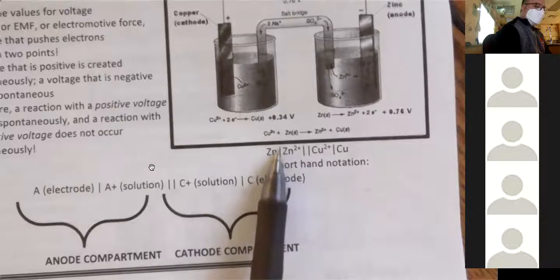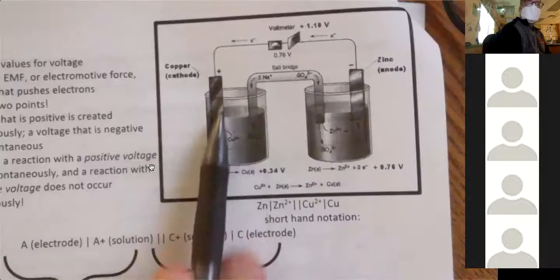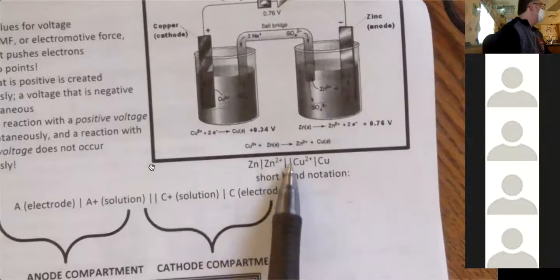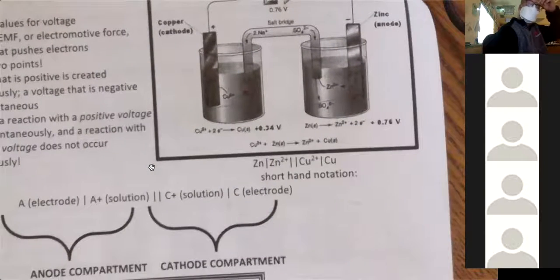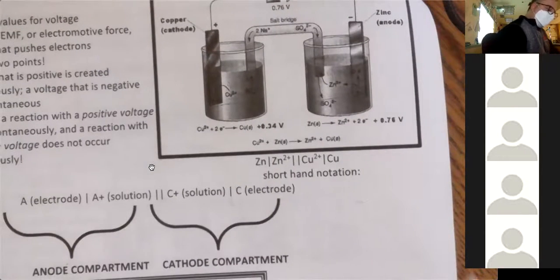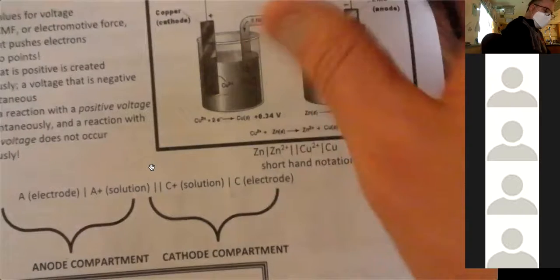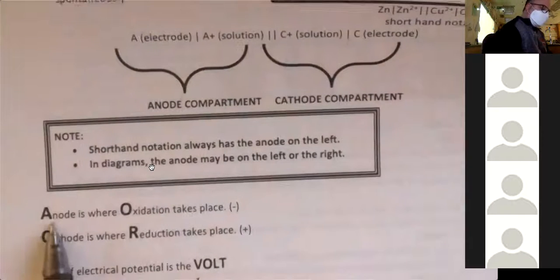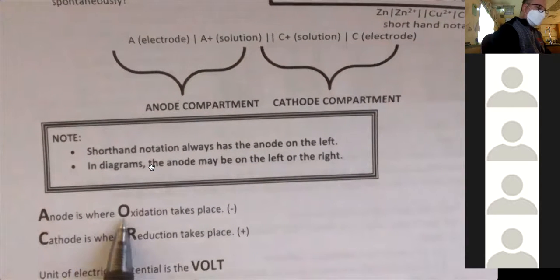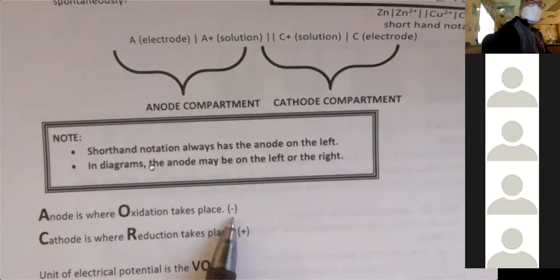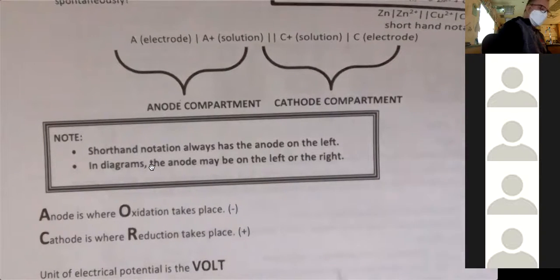This one line tells you that they're in the same cell. This double line tells you that they're separate half cells. Anode is always on the left. Here's some little memorization things. Anode, A and O, oxidation, cathode, and then they have the negative and the positive. Think about cat.